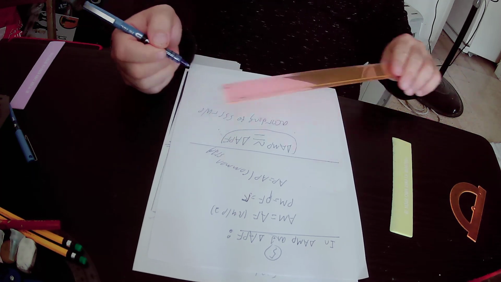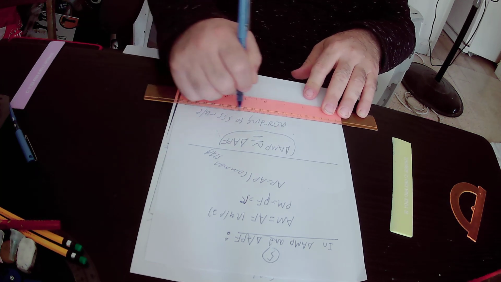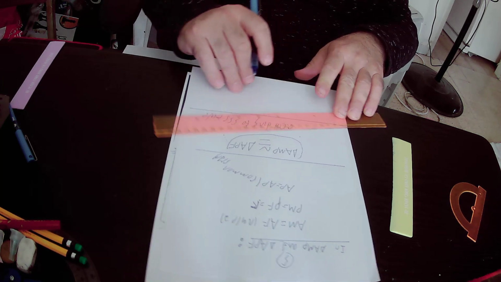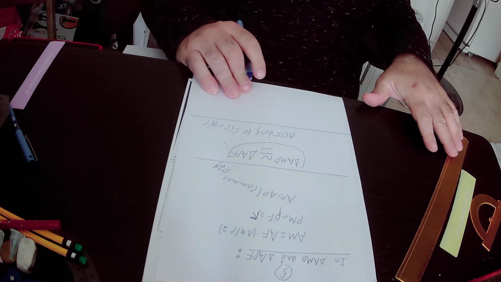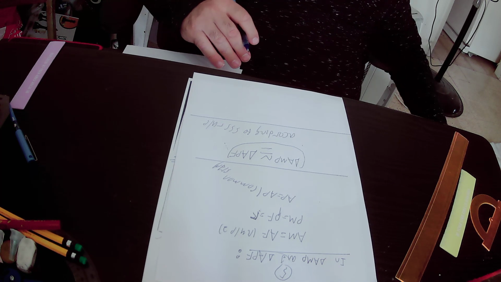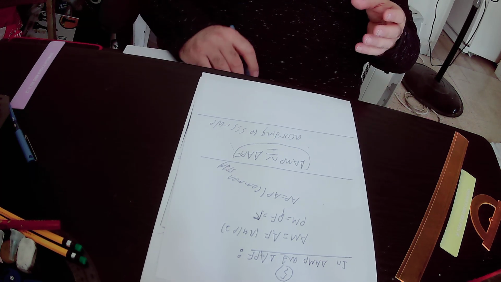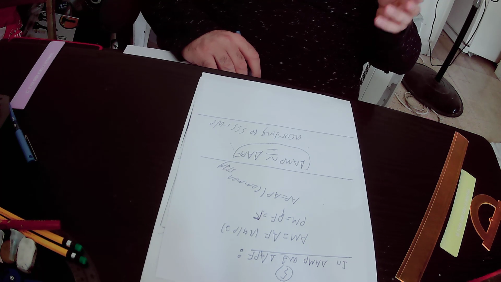So what is side rule? Side rule is if you prove that three sides of one triangle are correspondingly equal to three sides of another triangle, then you actually proved that those two triangles are congruent according to side rule.